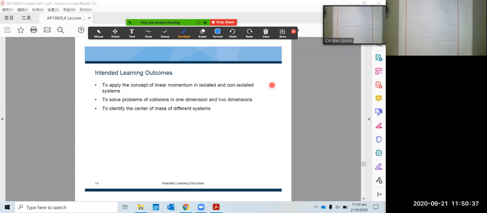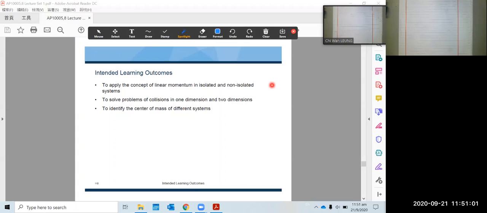So the idea of linear momentum is just that it provides another tool for us to solve many linear mechanics problems. In the last few topics, we learned about Newton's laws. So we know that the motion of the object changes when there is an external force. So it will accelerate according to the external force.